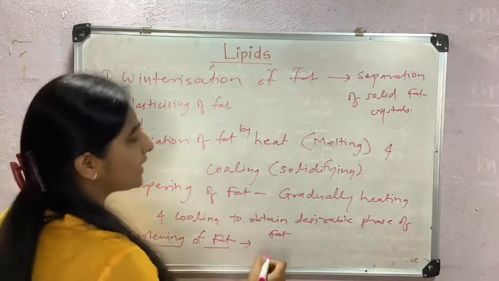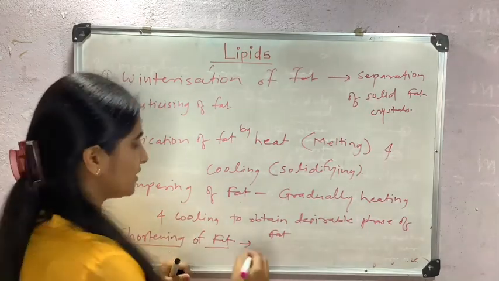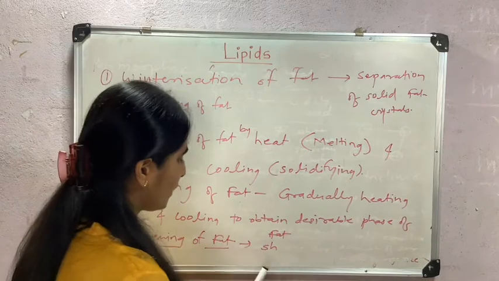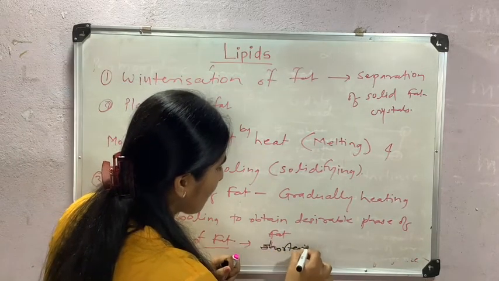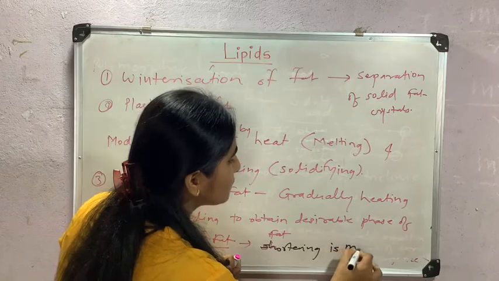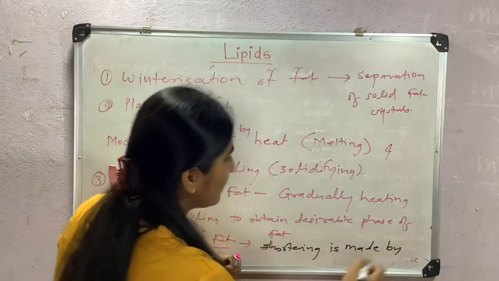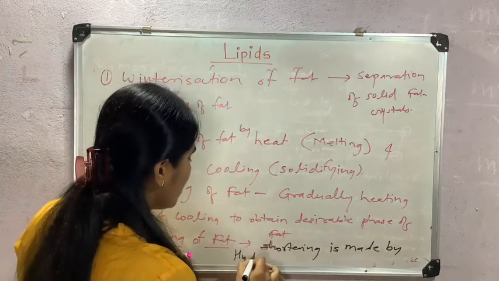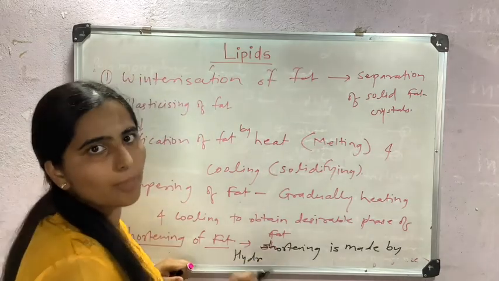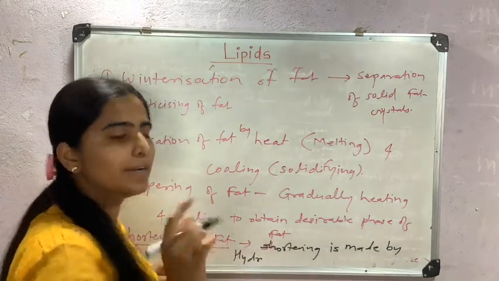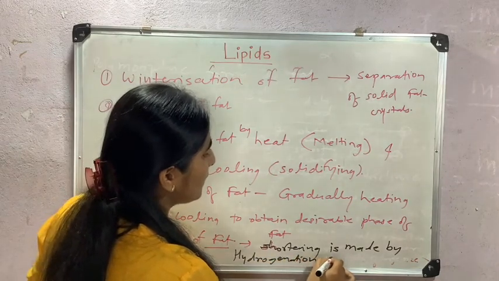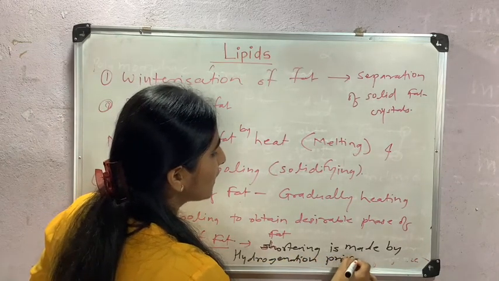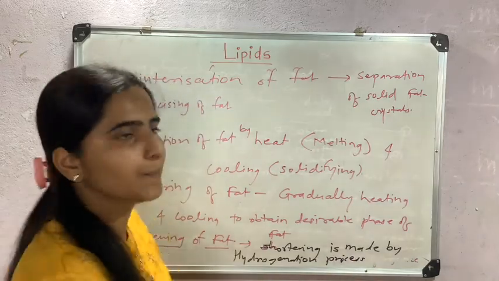And this shortening is made by the hydrogenation process. Hydrogenation means addition of hydrogen atoms to the carbon-carbon double bond, in the presence of catalyst nickel.